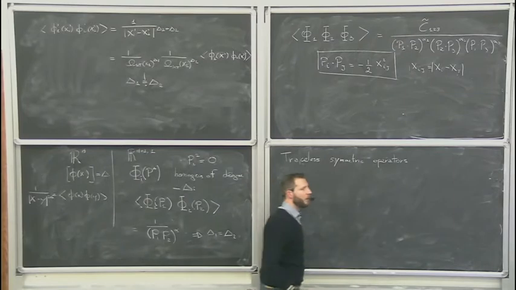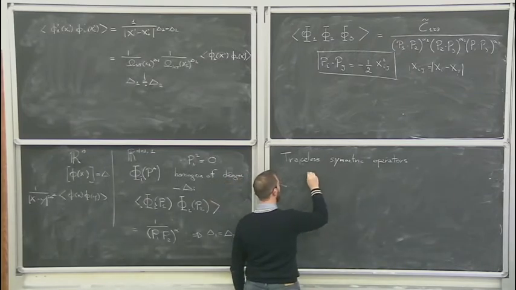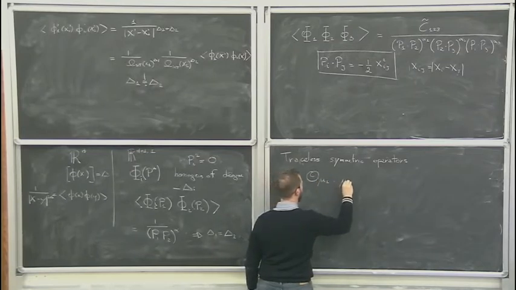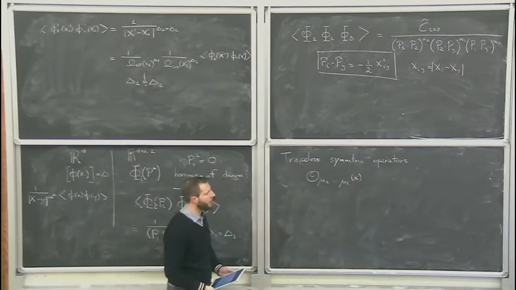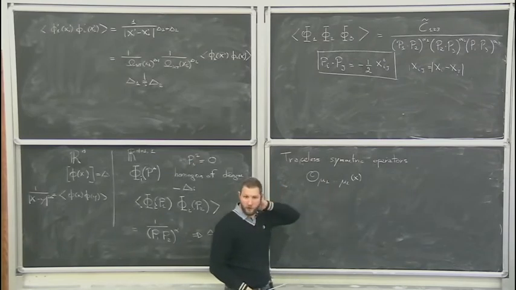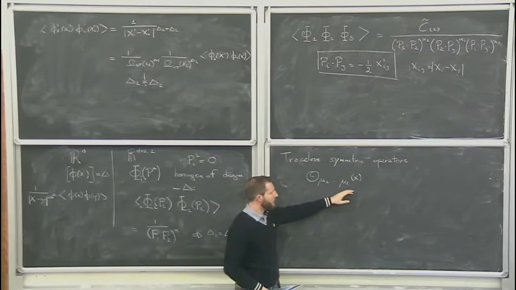Okay, so these are tensors which have, let's say, L indices, mu1 through mu L, and they are totally symmetric, and they're traceless. So if you contract any two of these indices, they give you 0.